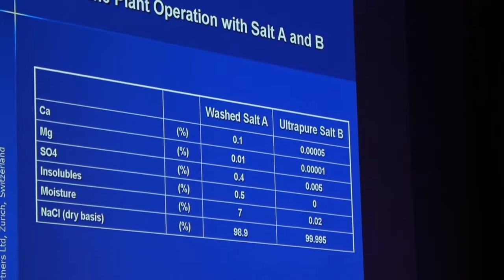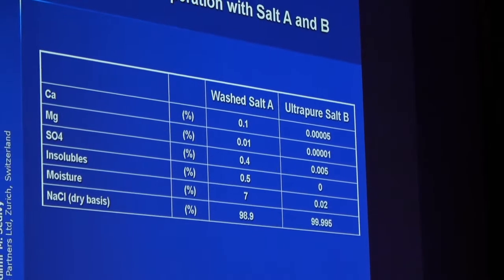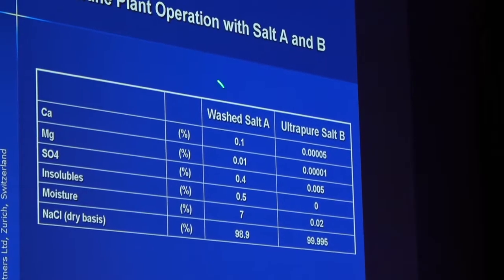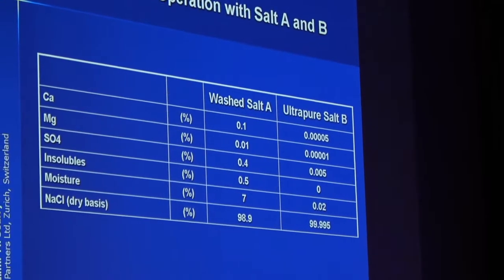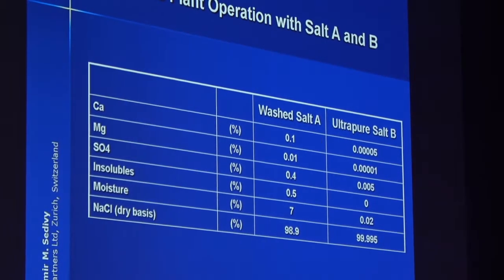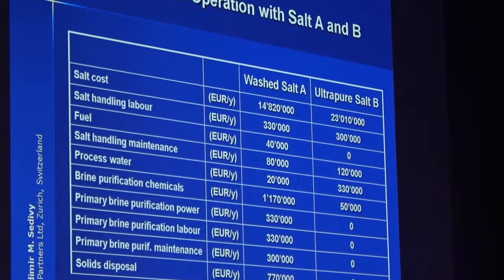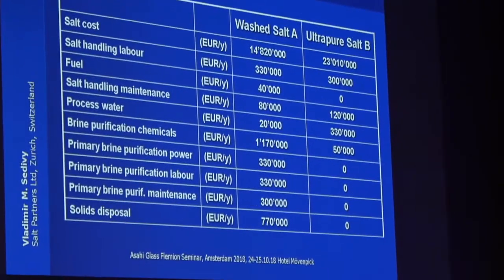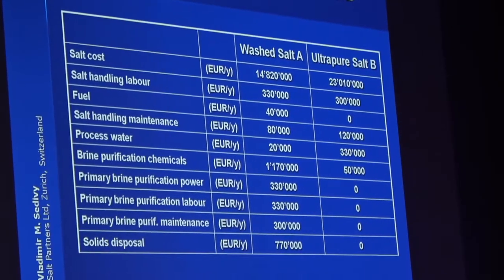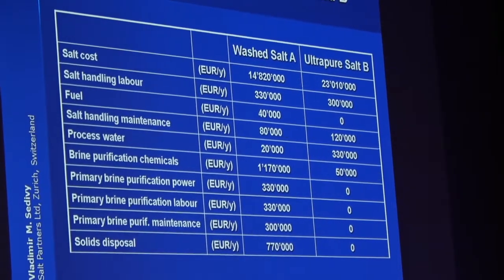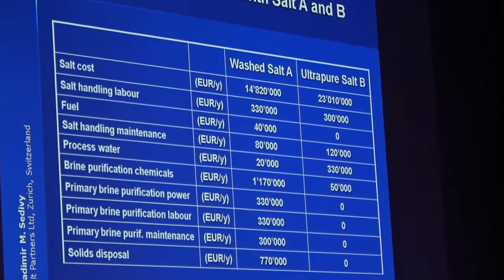We have compared the vacuum salt that I was showing you before, the vacuum salt A, and compared it with a very pure salt that is industrially possible to make. These are all the elements that we looked at in terms of euro per annum and in comparative.